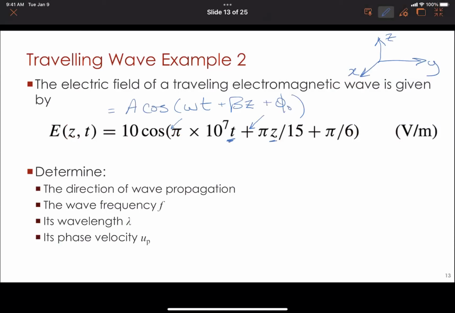In this case, they're both positive. And if we go back to our rule, when they're both the same, whether it's both positive or both negative, it means it's traveling in the negative direction, but not negative x, because we're talking about z's instead of x's. It's a negative z direction. If there was a negative sign there, it would be in the positive z direction. But if both are negative signs, it'd still be negative z direction. Everyone okay with that?